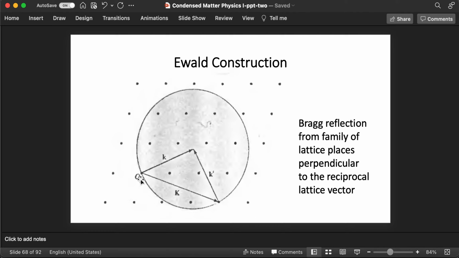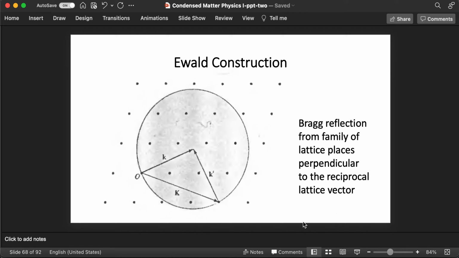So you sit on one reciprocal lattice point, and you place the vector k, that is the incident wave vector, and that becomes the center of the sphere. And you put the tip of the k prime vector at the center of the sphere, and only if the end of k prime is on another reciprocal lattice point, such that the difference is a reciprocal lattice vector, will you get constructive interference.